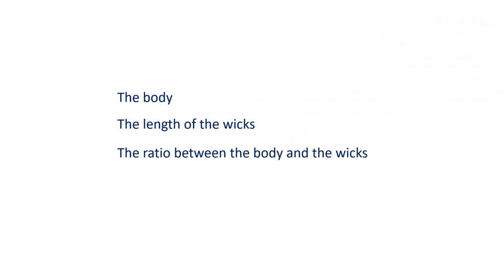The third one is the ratio between the body and the wicks. In high momentum trend, we usually see long body with shorter wicks, and when the body becomes shorter, the wicks become larger due to rising uncertainty and high volatility. And finally, the fourth one is the position of the body.